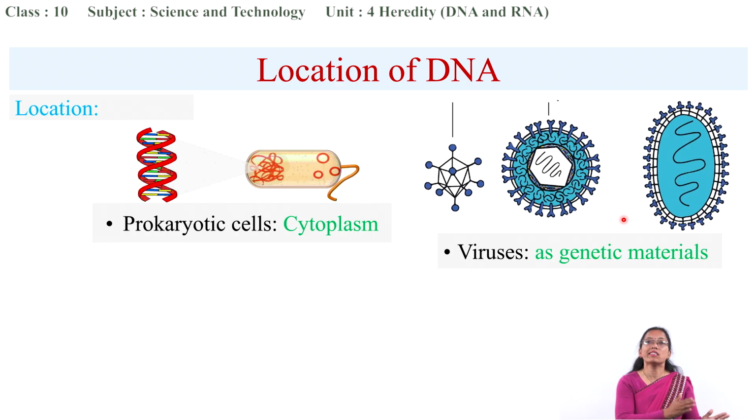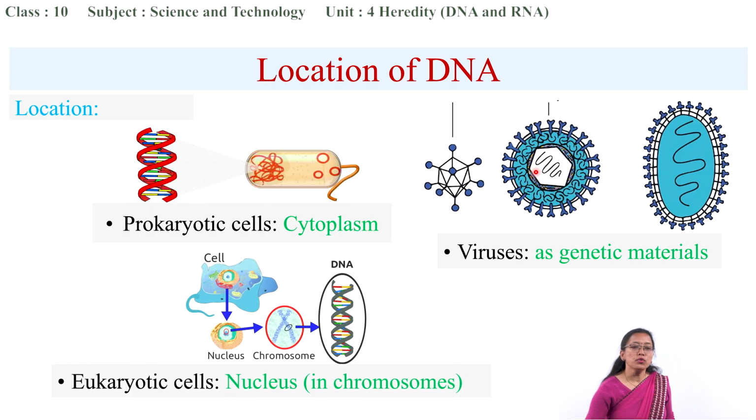Acellular means the cell is absent. There are no other cell components present. It contains either DNA or RNA, which is covered with a protein coat called the capsid. That's why DNA in viruses is just enclosed within the capsid.